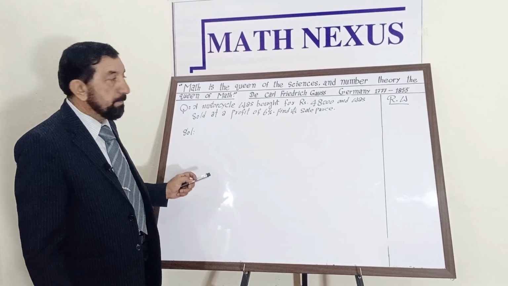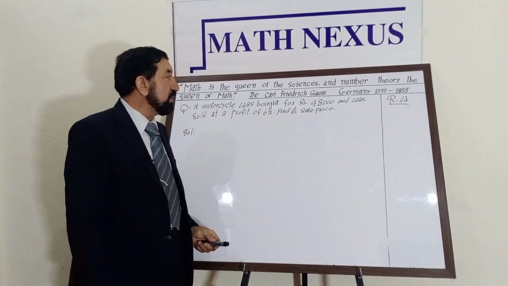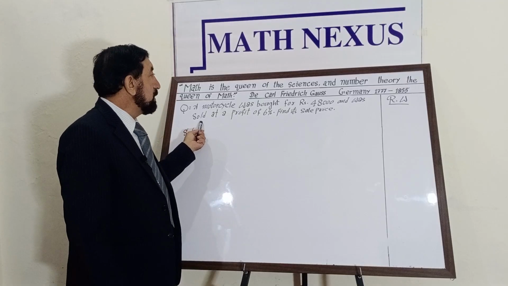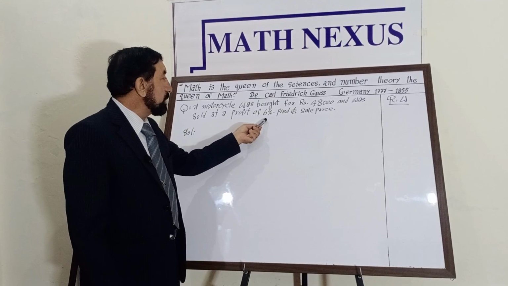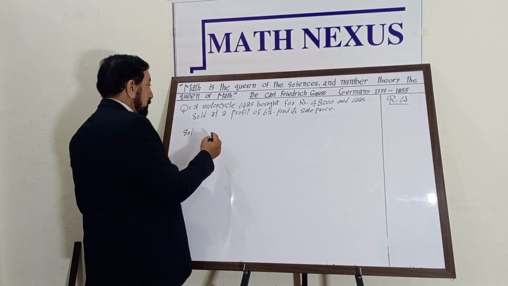Look at the question. A motorcycle was bought for rupees 48,000 and was sold at a profit of 6%. Find sale price. Look at the data.